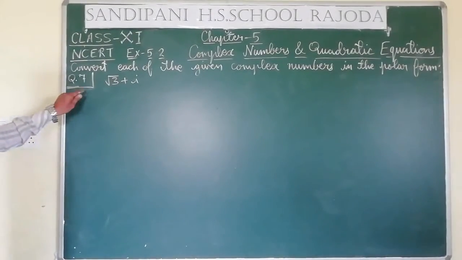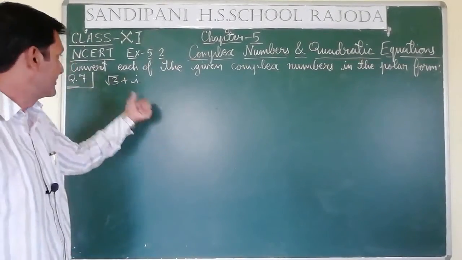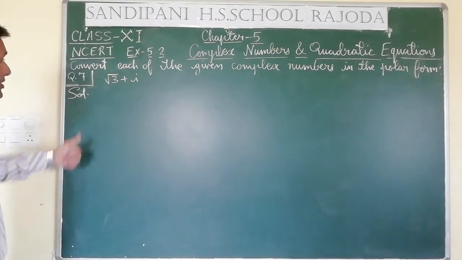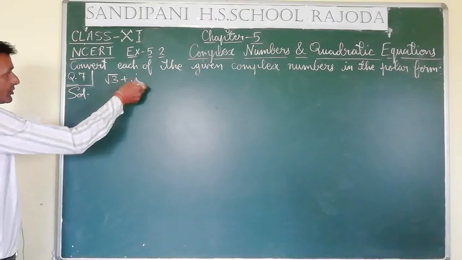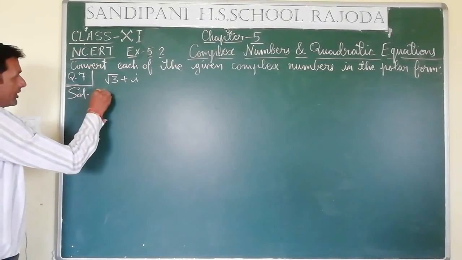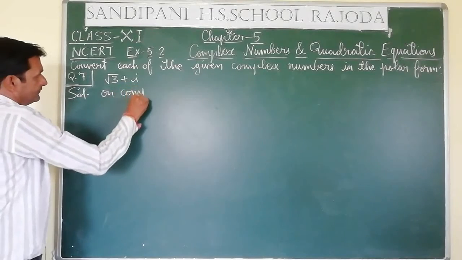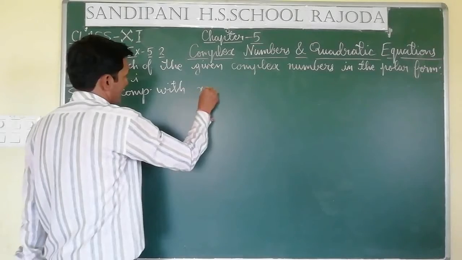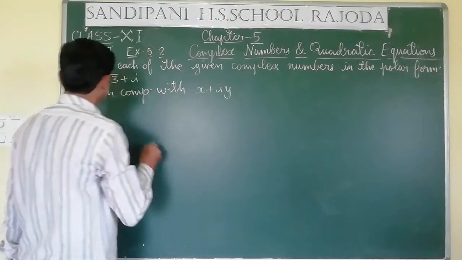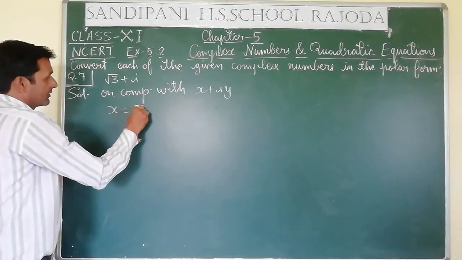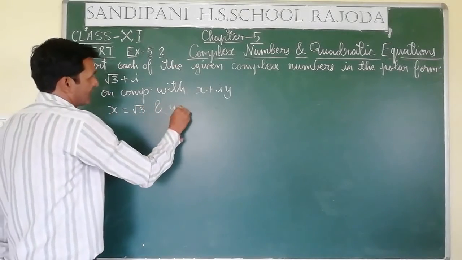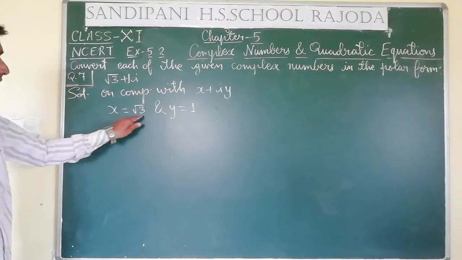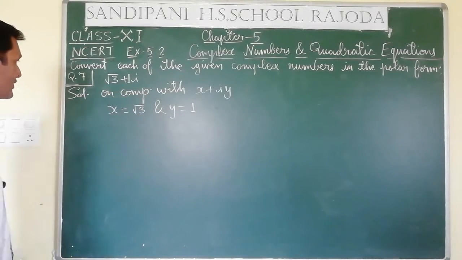Now see, question 7, it is root 3 plus i. So the solution is, on comparing with x plus iy, x is equal to root 3 here and y is equal to 1, because the coefficient of i is 1 here.